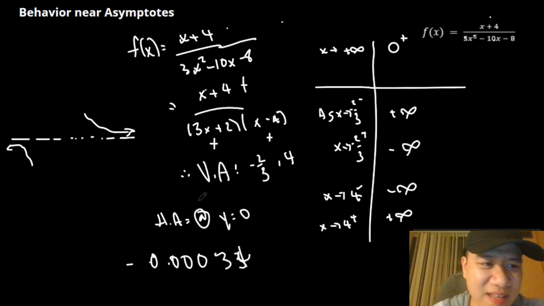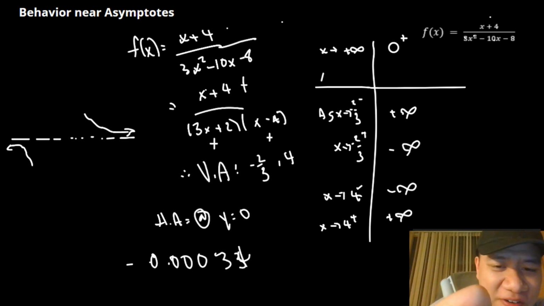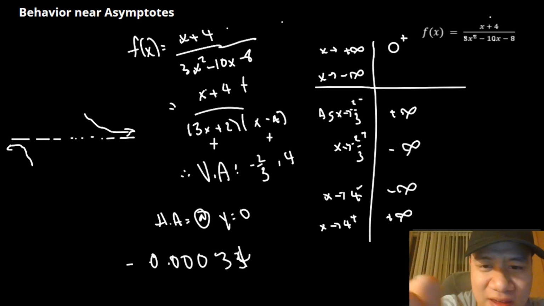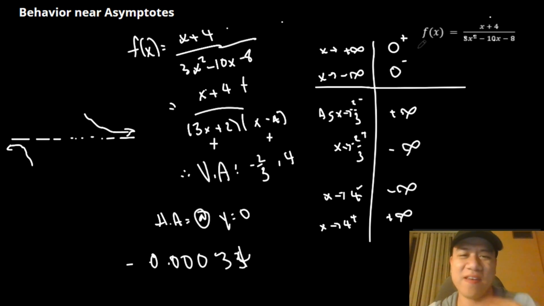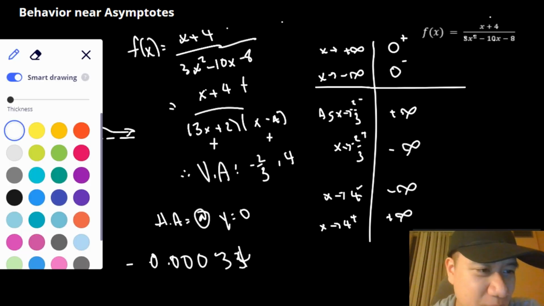Makes sense because it's slightly positive. And then when x is approaching negative infinity, it's going to be coming from below. So let's imagine all of this stuff on our graph. We're going to put this all together, try and imagine what it looks like, and then we're going to go to Desmos, graph it, and see what it looks like.